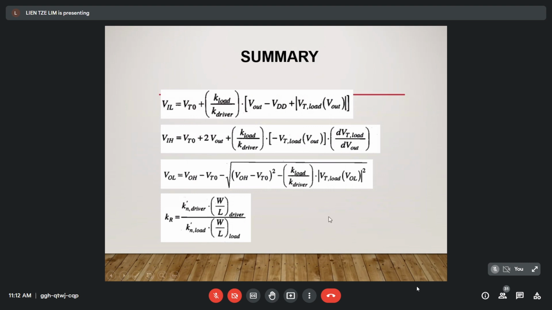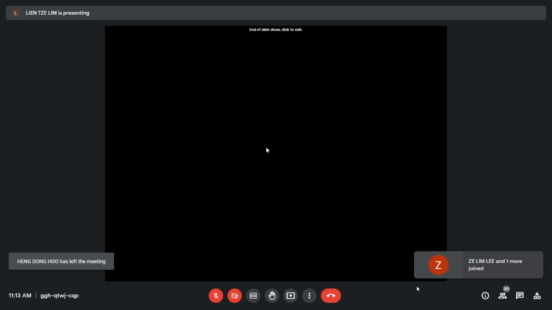So as a summary, these are the formulas for the depletion load NMOS inverter, for you to have an overview of all the formulas for all the critical voltages. So this is the end of this depletion load inverter.